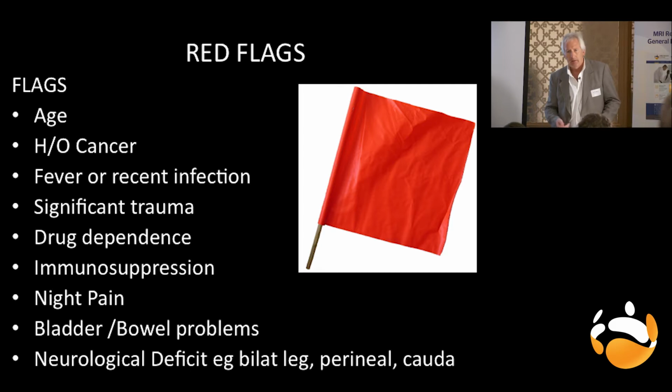So we might do some gardening, and 2 days later, or that night, or the next night, we'll have ache in the back. And we turn over in bed, because we've cooled down, it wakes us up. So it's not that sort of mechanical night pain. We've got to distinguish between mechanical night pain and non-mechanical night pain. Bladder and bowel problems, neurological deficit, etc.